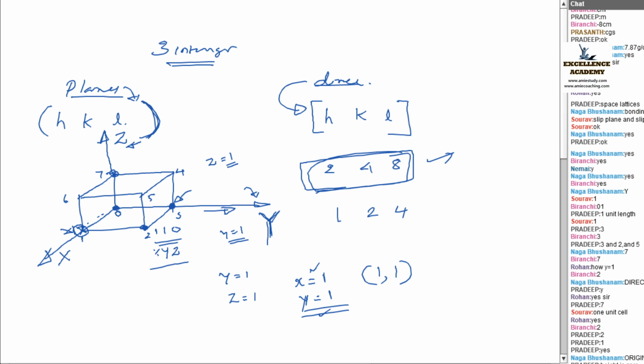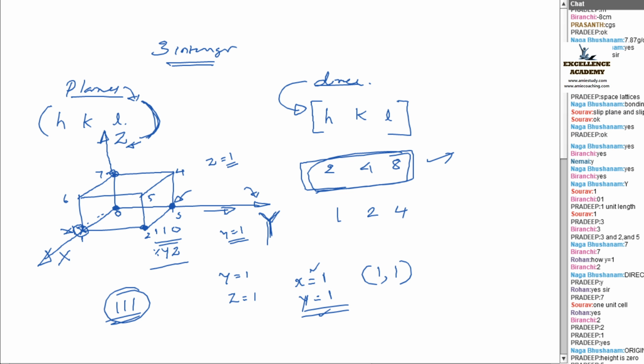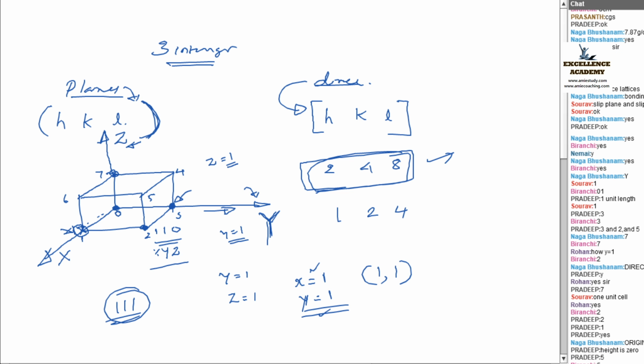So please mark 1, 1, 1. Pradeep says that it is 5. Viraji also says it is 5. How is that got? From x is equal to 1 here, y is equal to 1 here, z is equal to 1 here. This is the point 1, 1, 1.